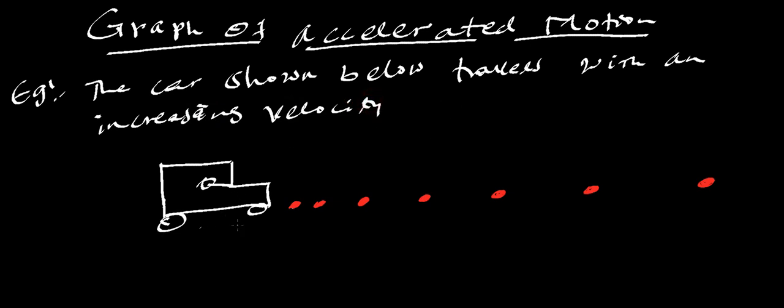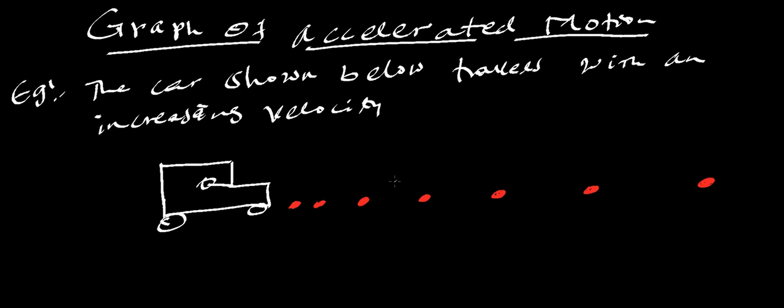Its velocity is not uniform. As you see from the graph, the velocity is not uniform. The distance it covers in equal time is not equal, because the distance between the dots increases. As you see, the gaps between these dots and these dots are not equal.